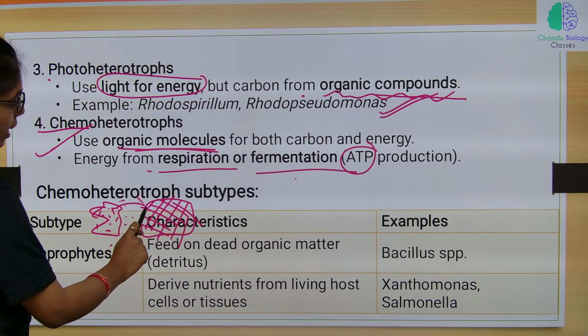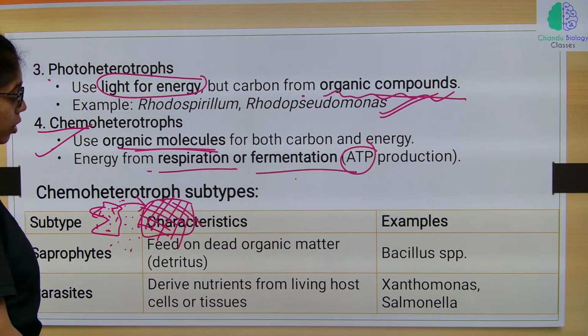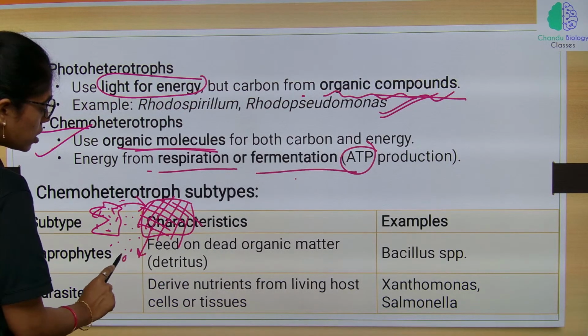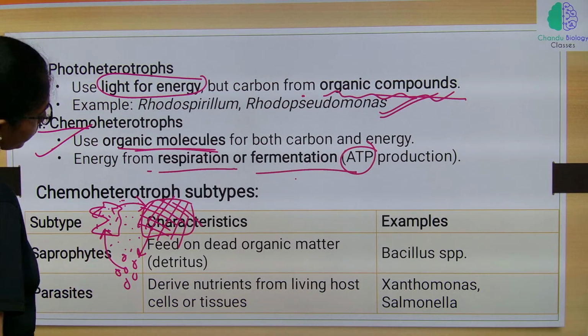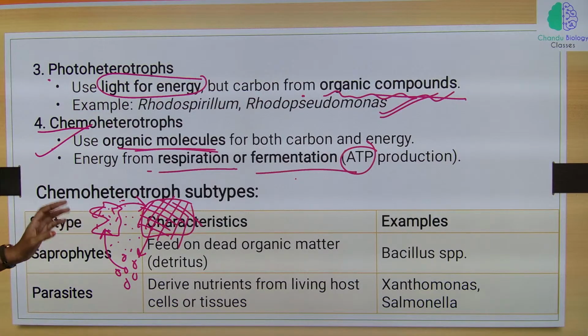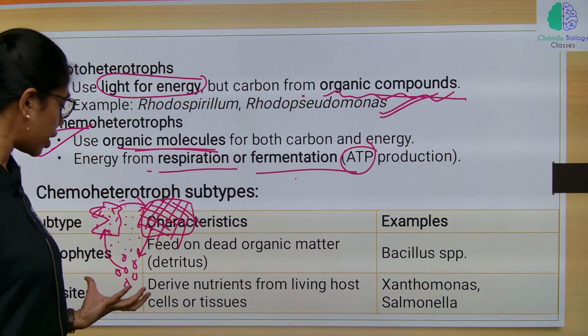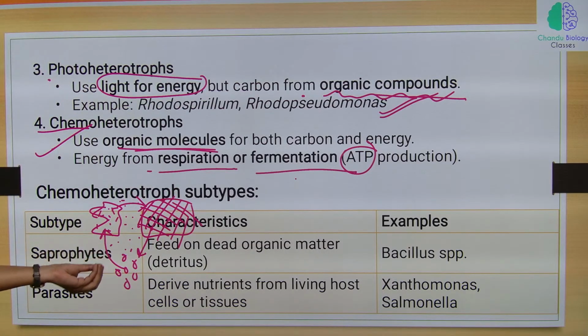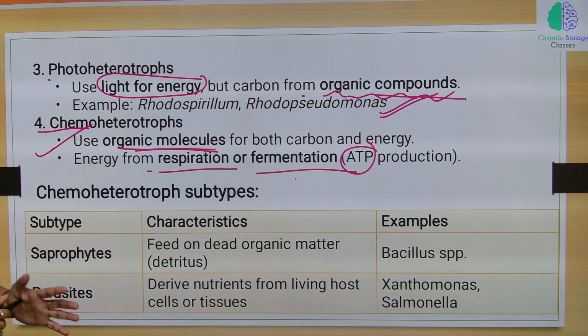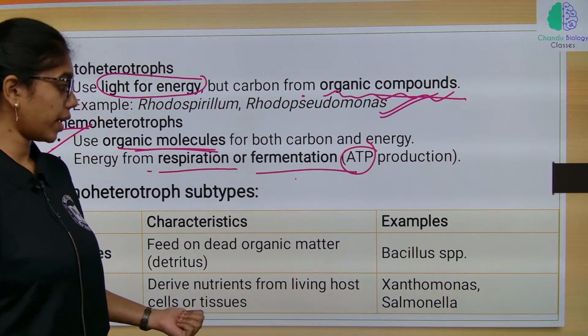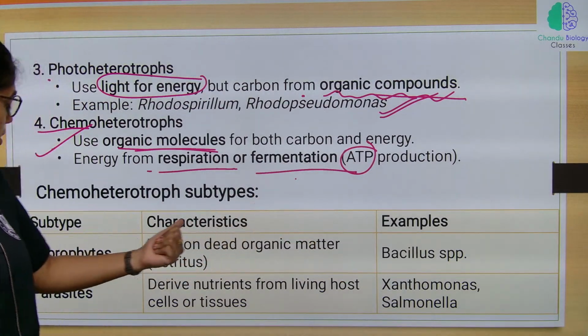These hydrolytic enzymes will digest the complex molecule and it will turn to simpler molecules. These simpler molecules will be taken by the bacteria. So saprophytes will feed on dead organic matter, that is detritus, best example is Bacillus.